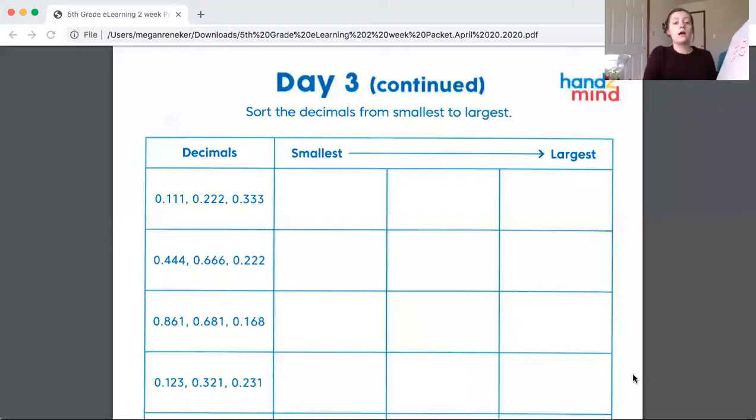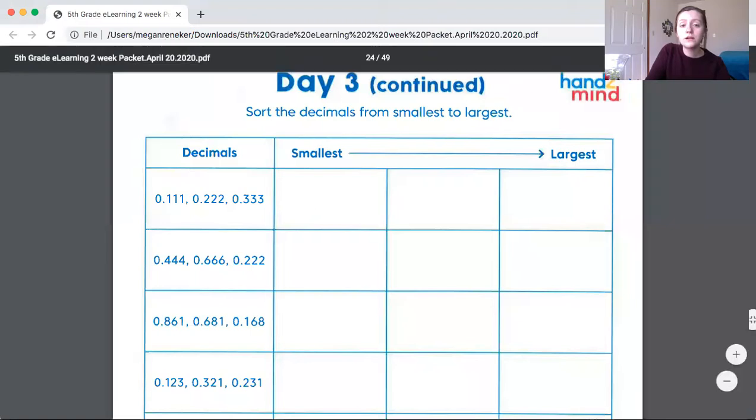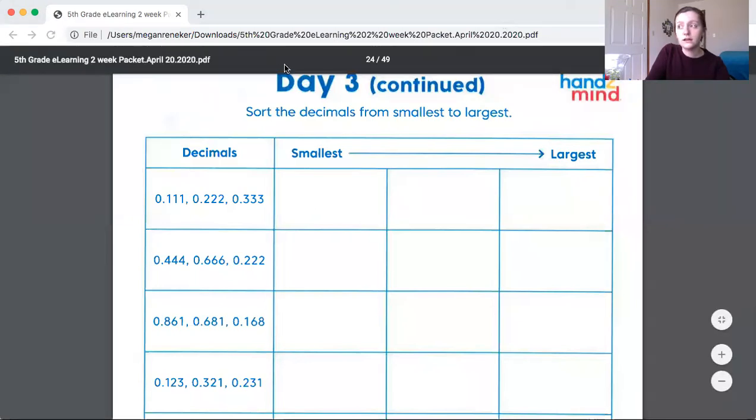Okay, so I would go back to my problem then, and I would put them here in that order. Okay, so smallest, we have 0.111. In the middle, we have 0.222. And in the largest, we have 0.333.